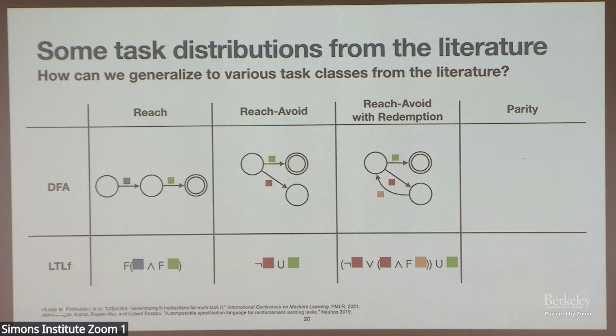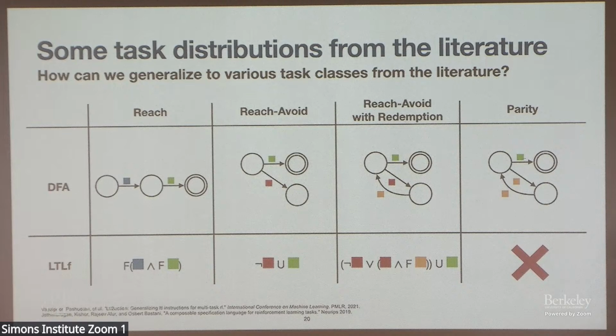Or you can define a subclass of reach-avoid-redemption called parity, where this is basically saying you need to see orange an even number of times. And this cannot be written in LTL. I'll just leave it as an exercise. But yeah, that's the case. So we want to generalize. These are the kinds of tasks that we see, and some of them we came up with.